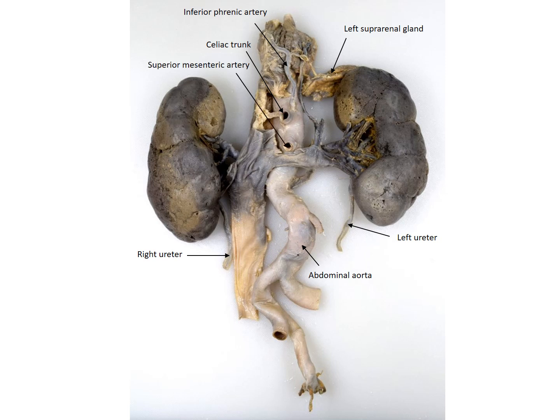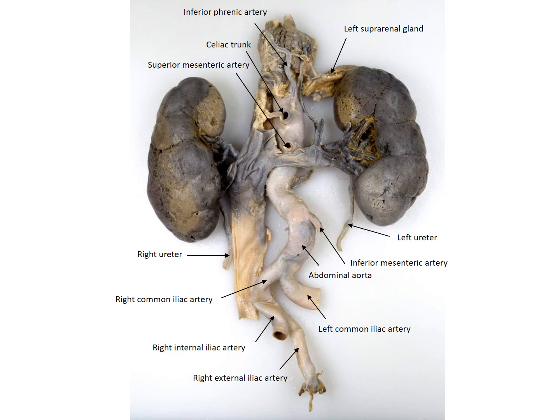This is superior mesenteric artery, inferior mesenteric artery. This is the right common iliac artery and left common iliac artery. From the right side we have right internal iliac artery and right external iliac artery.